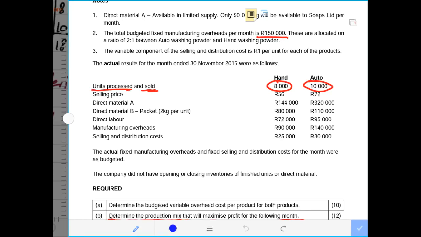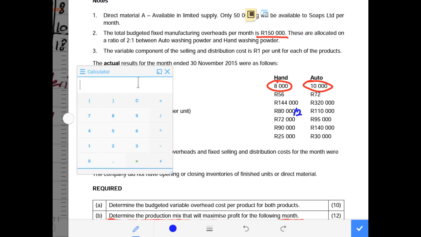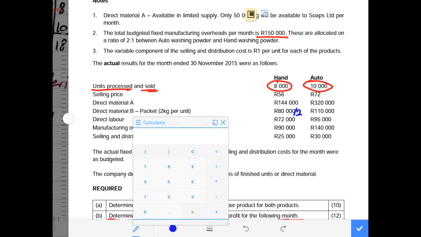So if I say 80,000 divided by 2, it is going to give me 40,000 kgs.